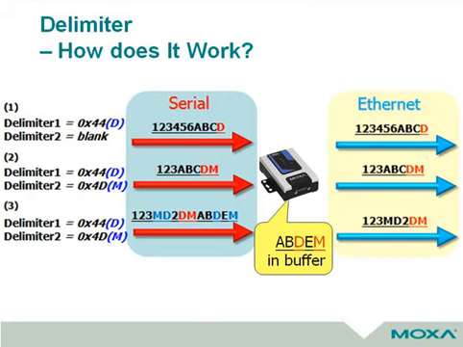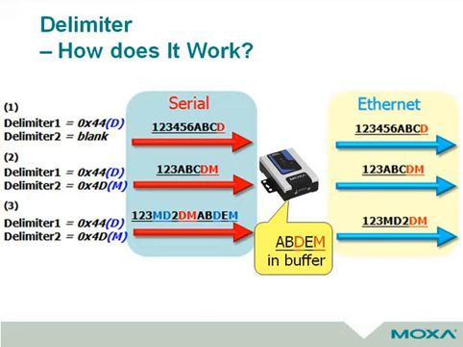For example 2, I set delimiter 1 to 44 and delimiter 2 to 4D. Of course, 4D in ASCII code is M. The serial port will not send out the data to Ethernet before it receives the character sequence DM.